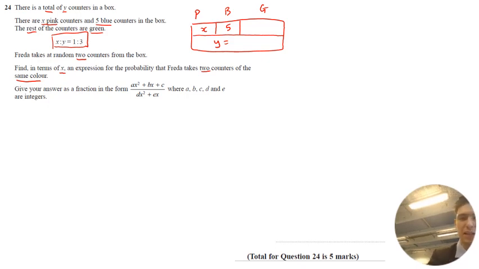So instead of y, I can write 3x. Now, can this help me with my expression for green? Yes, I can. This expression here is going to be the total 3x minus x for pink minus 5 for blue. So that is 2x minus 5. So green, 2x minus 5.